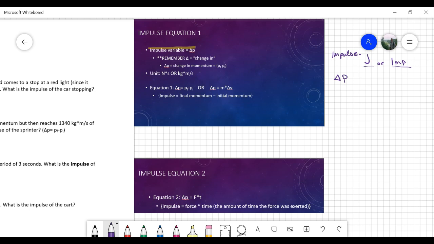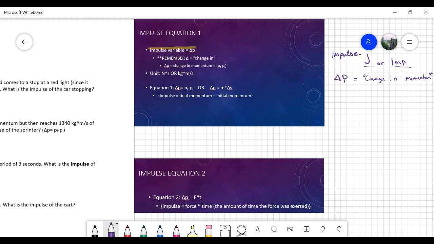So delta P is really descriptive, because if you remember, delta means change in. If you put delta P, what that means is the change in momentum, because little p means momentum.